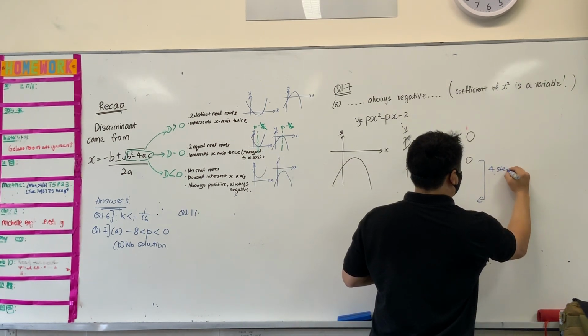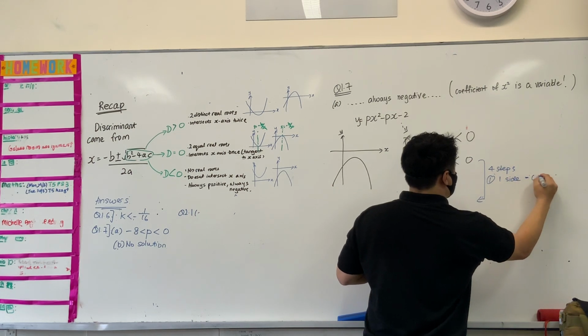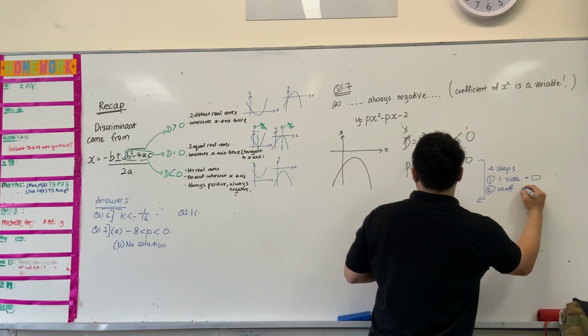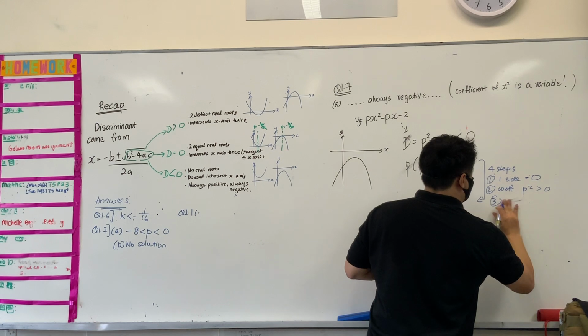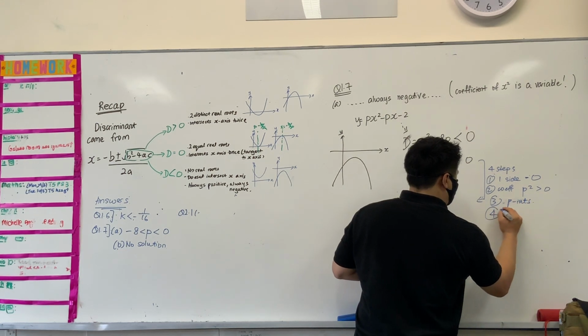The 4 steps, remember: you make sure one side equals to 0. You make sure that the coefficient of p squared is positive. You find the x-intercept, in this case we call it the p-intercepts, by factorization. Number 4, you sketch the curve.